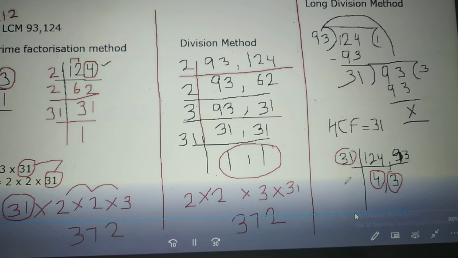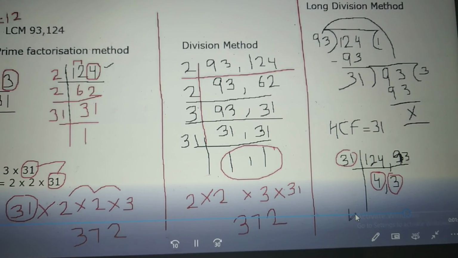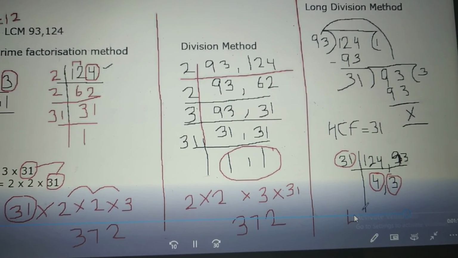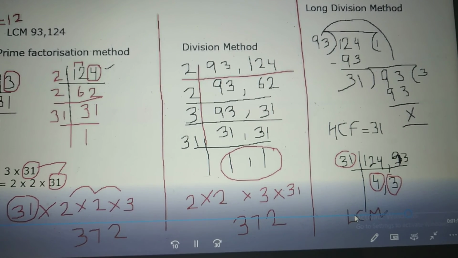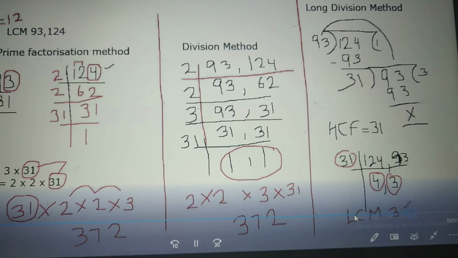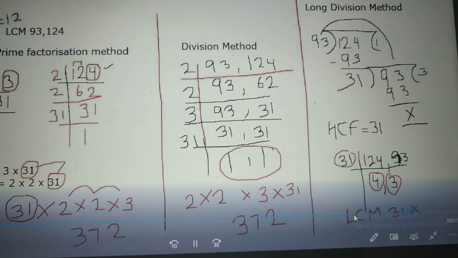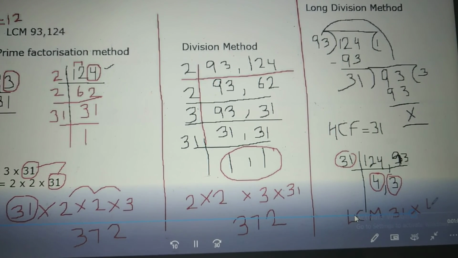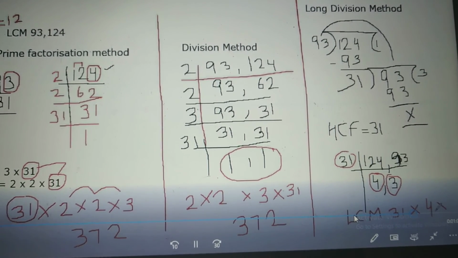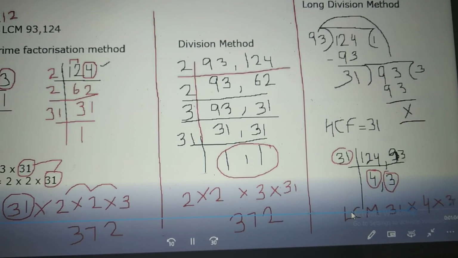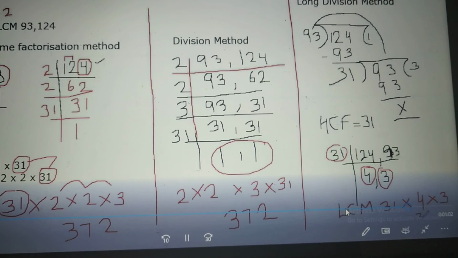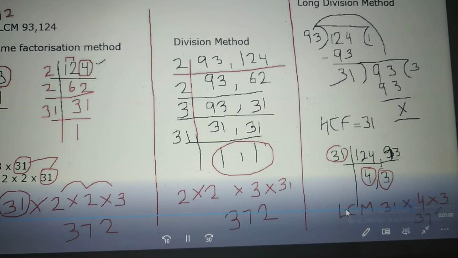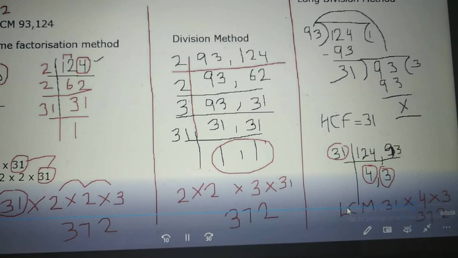I can leave it like this and find my LCM by multiplying these three numbers, that is 31, 4 and 3. If I multiply these numbers, I again get 372 as my LCM.